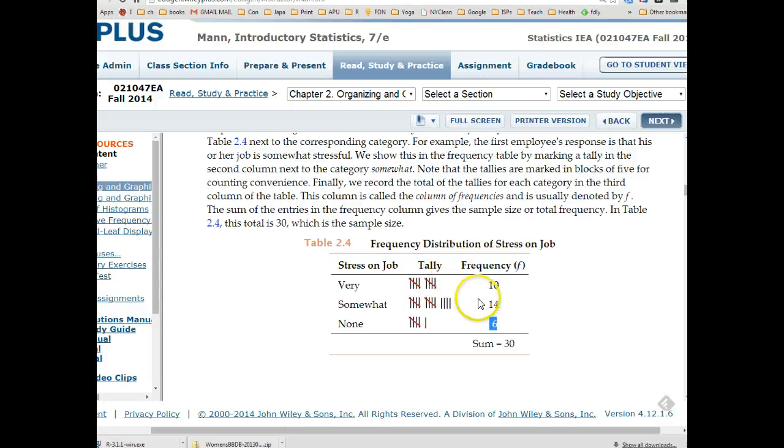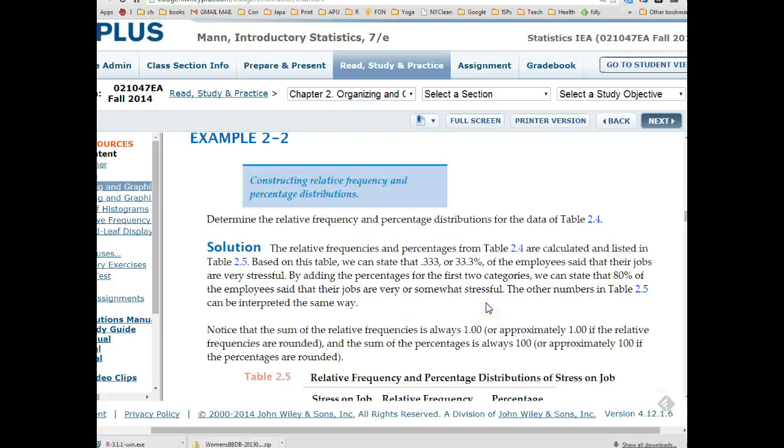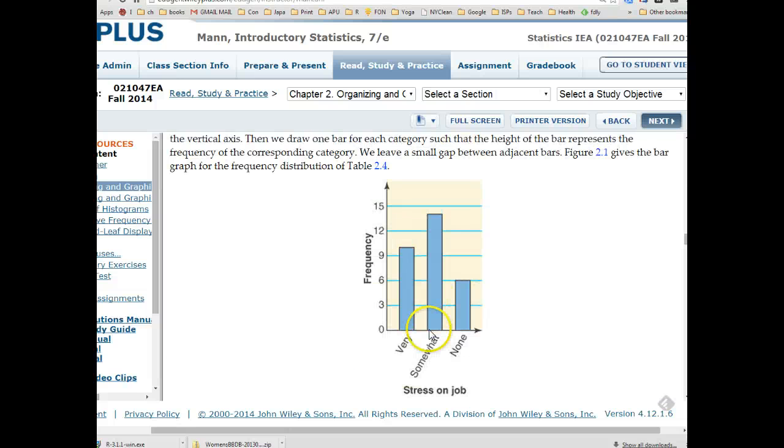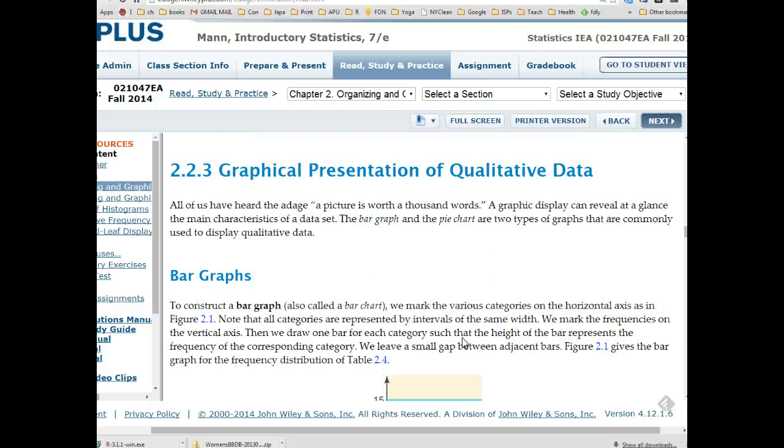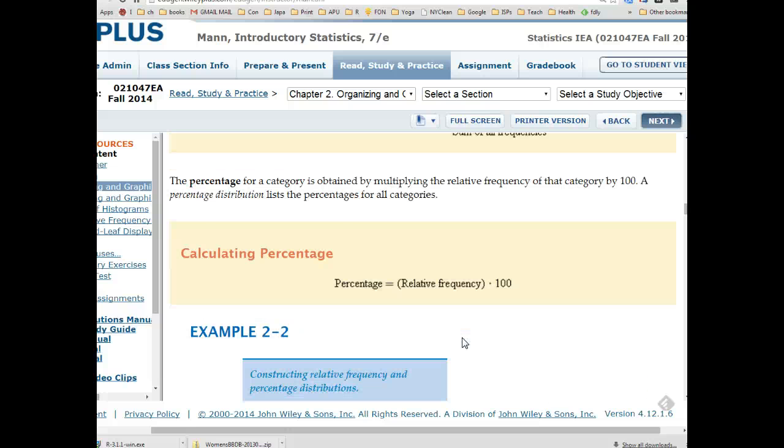And once you have this, you can actually graph it. How would you graph it? You could do this: very, somewhat, none. You can make a graph, even though it's not numeric data, because you counted. Which is not very startling, it's something that everybody would do.